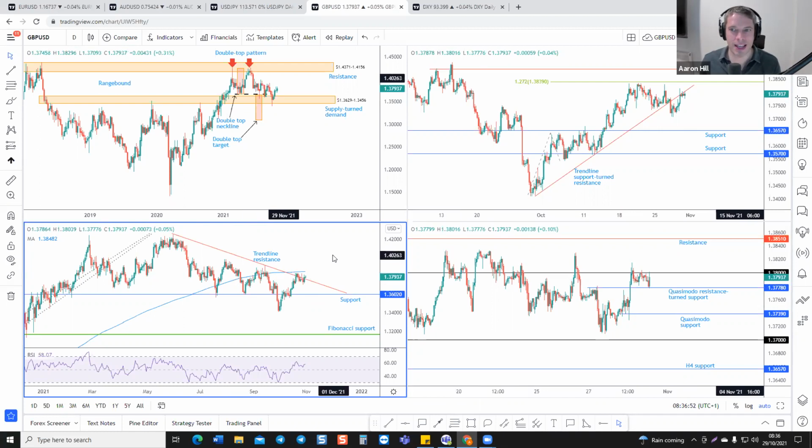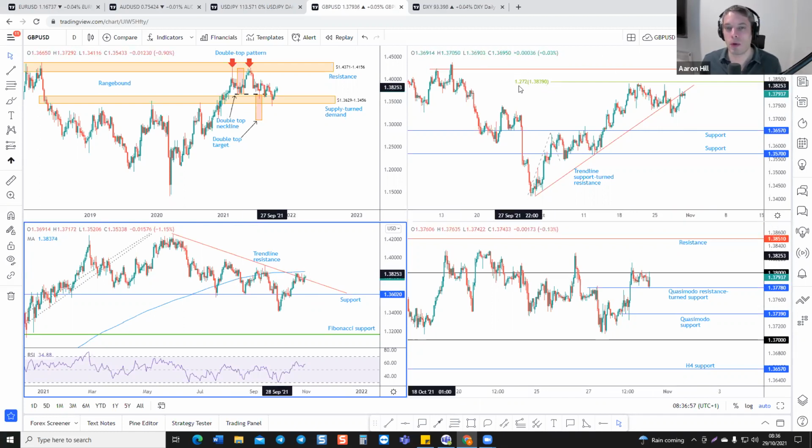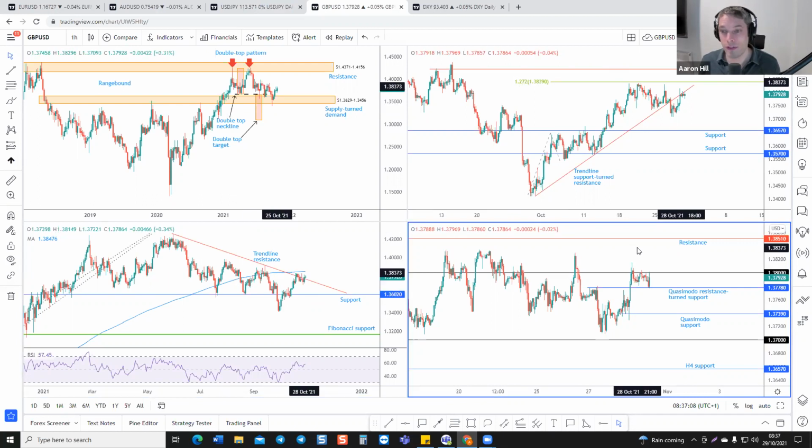What's interesting about this is the 200-day simple moving average is in close alignment with the 1.272% Fibonacci projection at 38.39 on the H4 scale, and also the H1 resistance at 38.51 on the H1 time frame. But do take note that we are testing trendline support turned resistance on the H4 scale, and this may be enough to help sellers come back into the fight. But ultimately, we are looking at this 200-day simple moving average right now.